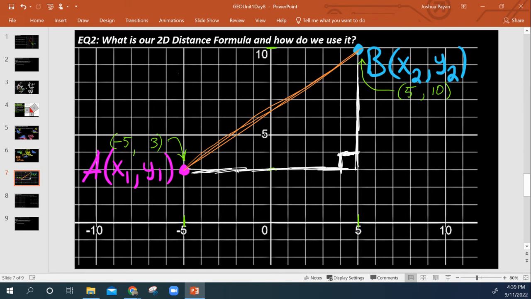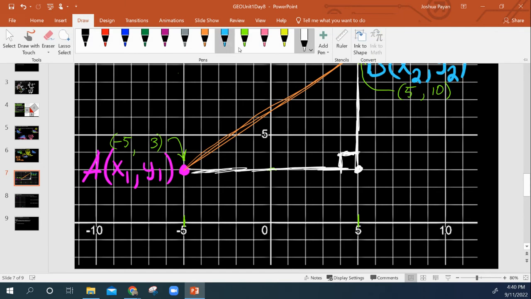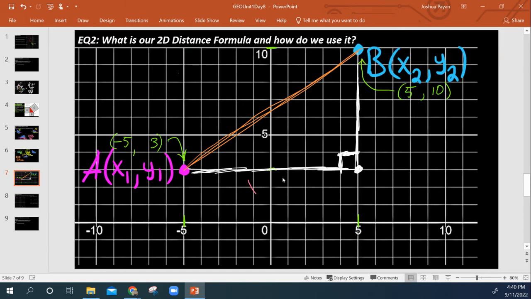Okay, so because we have that, what we can simply do, I'll just put another dot right there. What we can simply do is say, we have a distance in x, right? So this is x1 minus x2's absolute value in length from here to here, right? So from this point to this point.